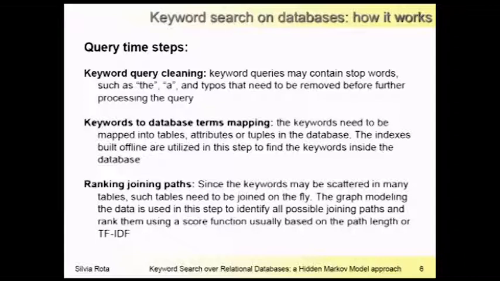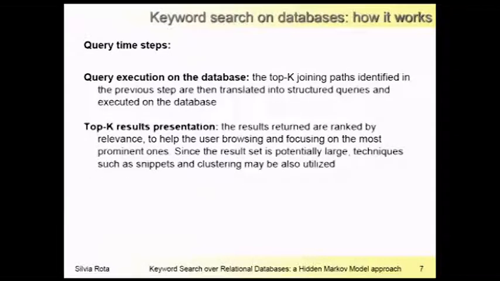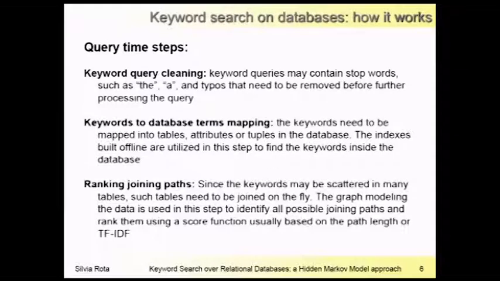After that, we basically have the location of the keywords in the database, but the keywords may be located in very different parts of the database, like different tables. To form an answer, those tables need to be joined, and there are many possible joining paths for the same matches.